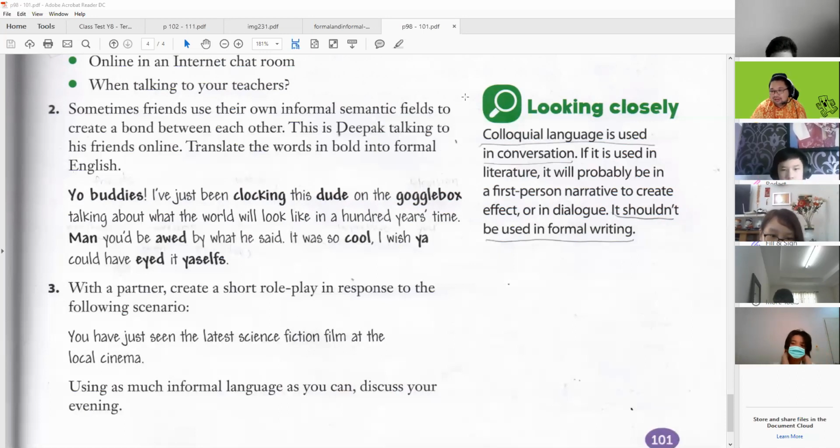Right. So in language we have two kinds: formal language and informal language. I'm going to eat pizza is formal. How about the informal version of I'm going to eat pizza? Can you say it?